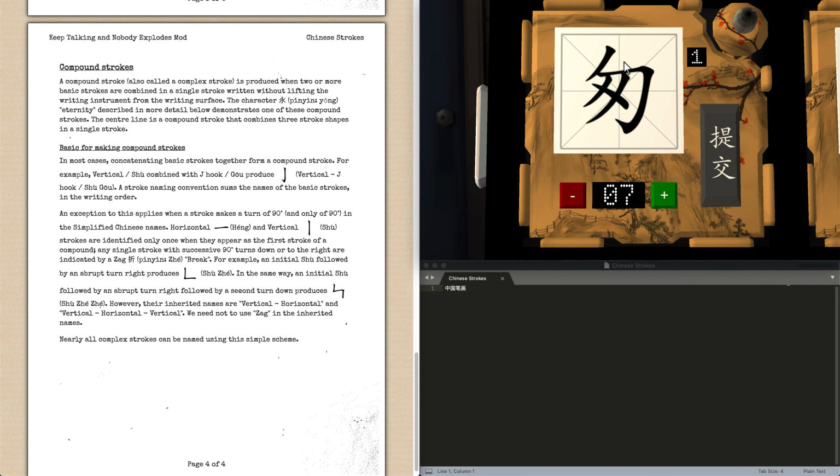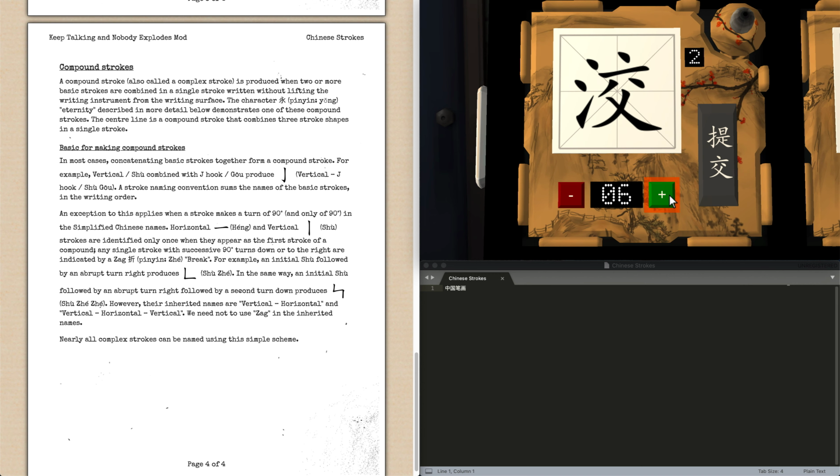So let's start with this one. 1, 2, 3, 4, 5. We go to 5, submit, move on to stage 2. These dots are all singular strokes. These slashes are all singular strokes. These crosses are singular strokes, so we just count the number of individual basic strokes here. 1, 2, 3, 4, 5, 6, 7, 8, 9.